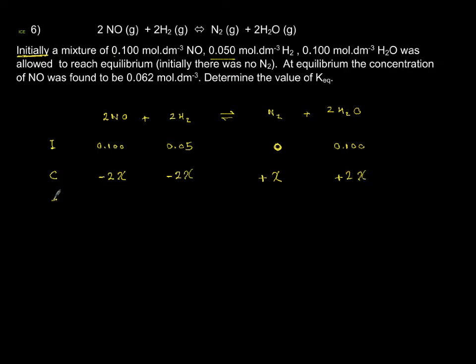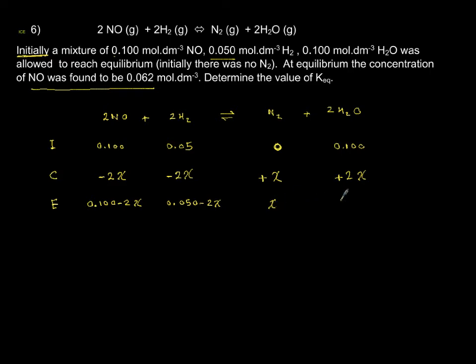Then there is equilibrium, and they will give me another piece of information usually. They say nitrogen monoxide was 0.062. So I'm going to use it soon, but let's just say 0.1 minus 2x is what's left at equilibrium. 0.05 minus 2x is what's for hydrogen.